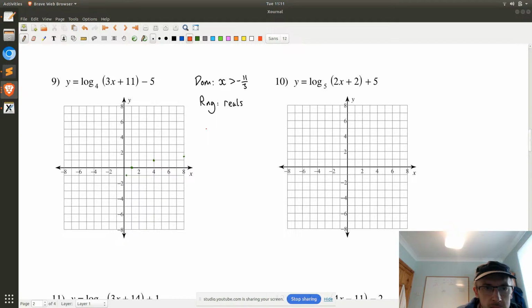So, log base 4 of 11 is going to be 1 point something quite high up, and then take away 5.